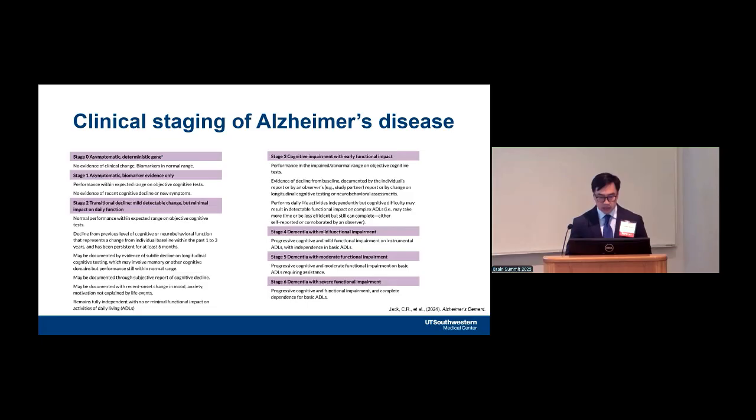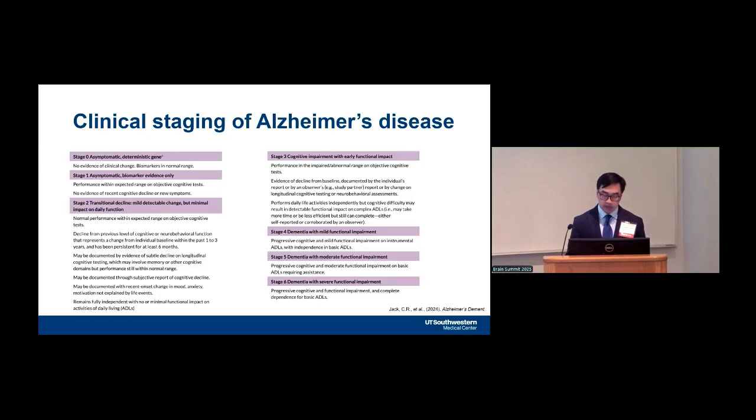Clinically, this is the staging scheme that we all use now. You can actually have stage 0, which means that you don't have the biomarkers yet, but you have a genetic mutation that will indicate that you will develop Alzheimer's disease. Stage 1 are asymptomatic patients that have biomarker positivity.